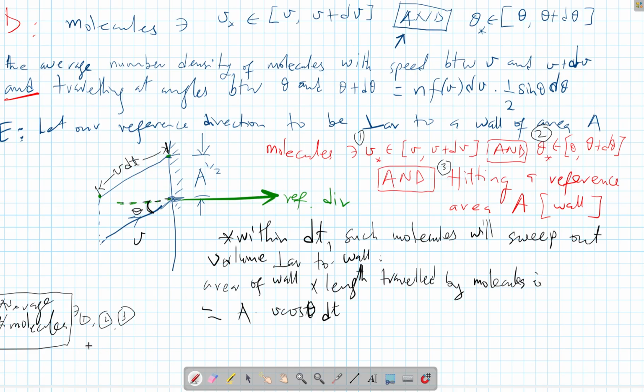With these properties, that average number of molecules is going to be equal to A v cos theta dt times n f of v dv times 1/2 sine theta d theta.